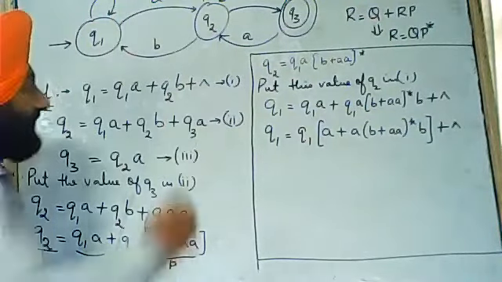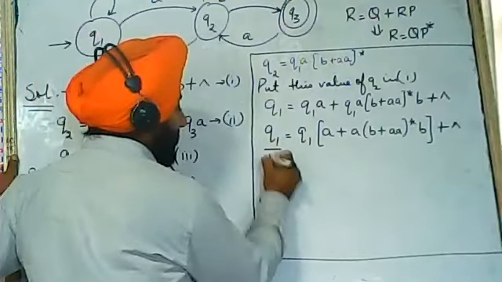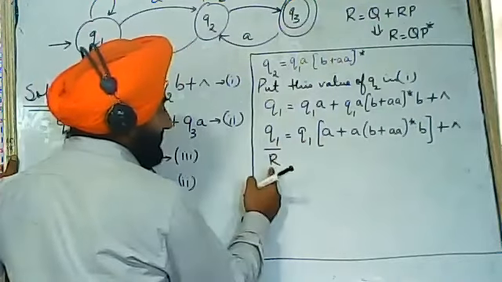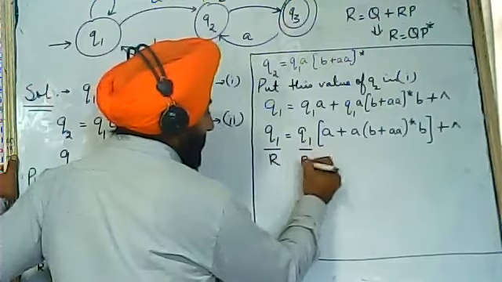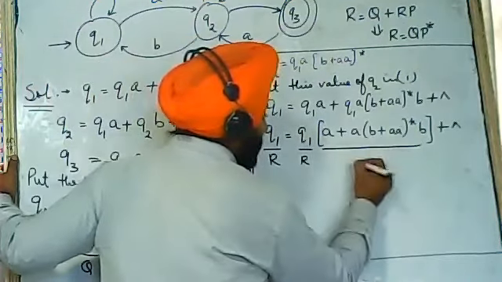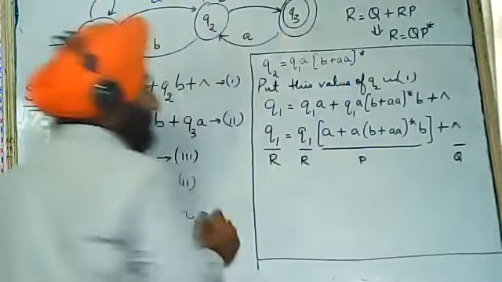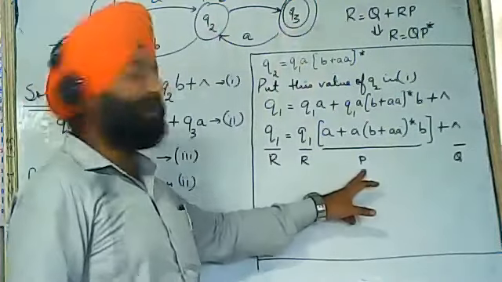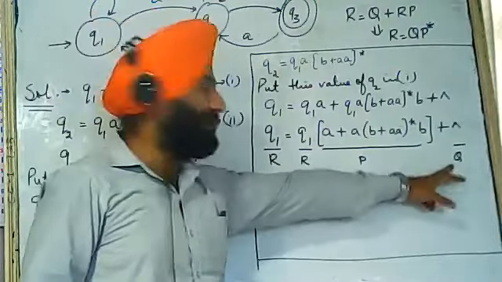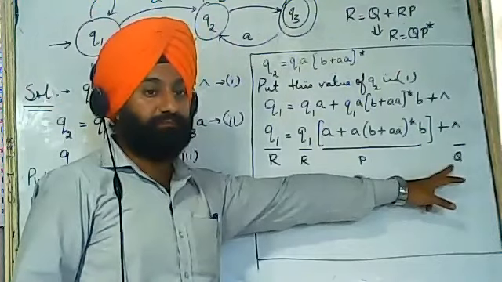So again, compare it with Arden's. This is R, this is again R, this complete thing is P, and this thing is Q. So in Arden's theorem, P can't be null, but Q can be null also, right?